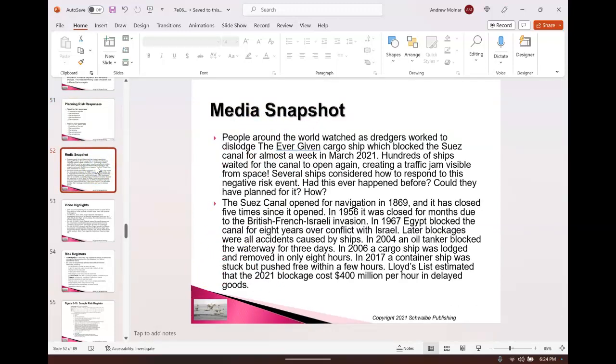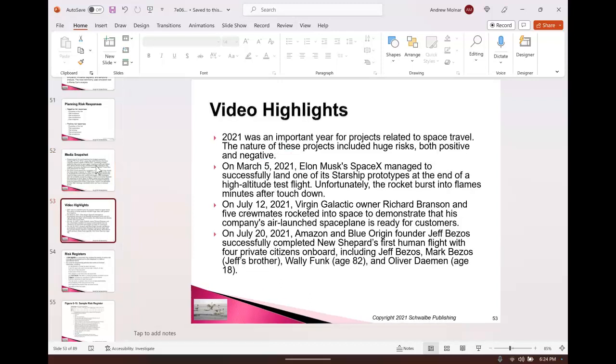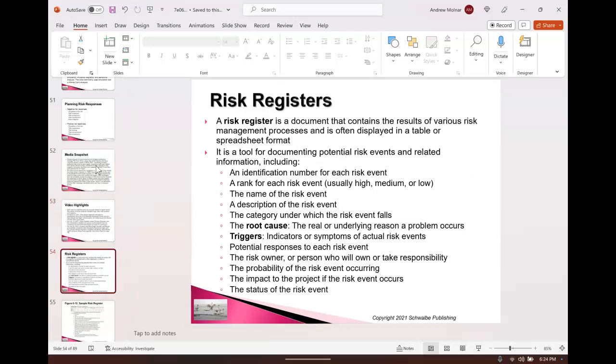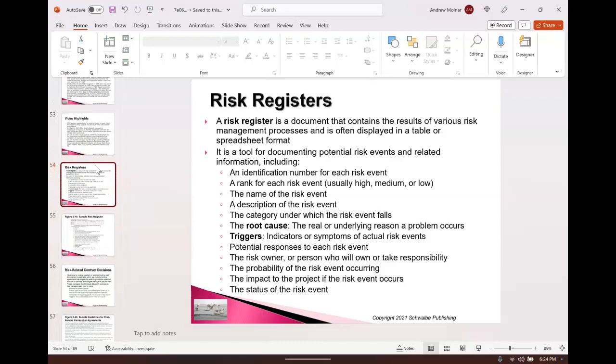I love the media snapshot, but that is covered thoroughly in the book as well as the video highlights. So the key is, at the very beginning, after we do risk management planning, we'll develop a risk register. It's a list of risks, right, that can happen along our project.